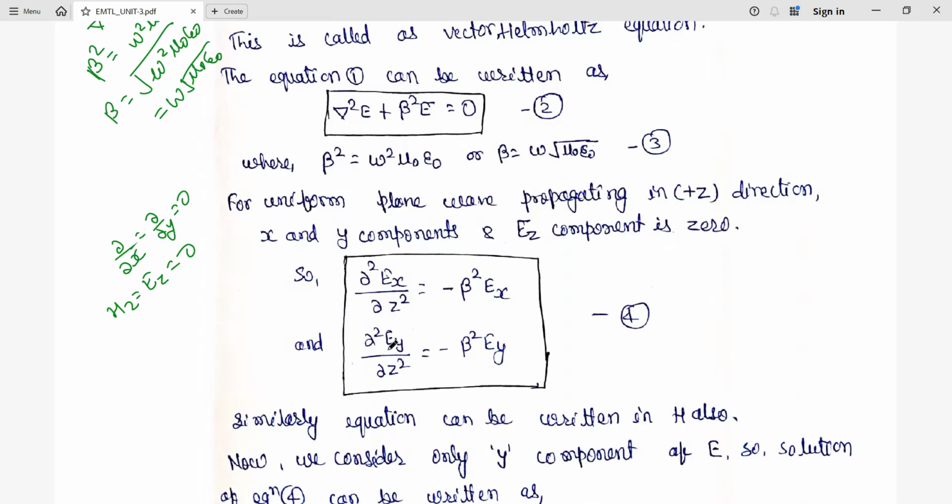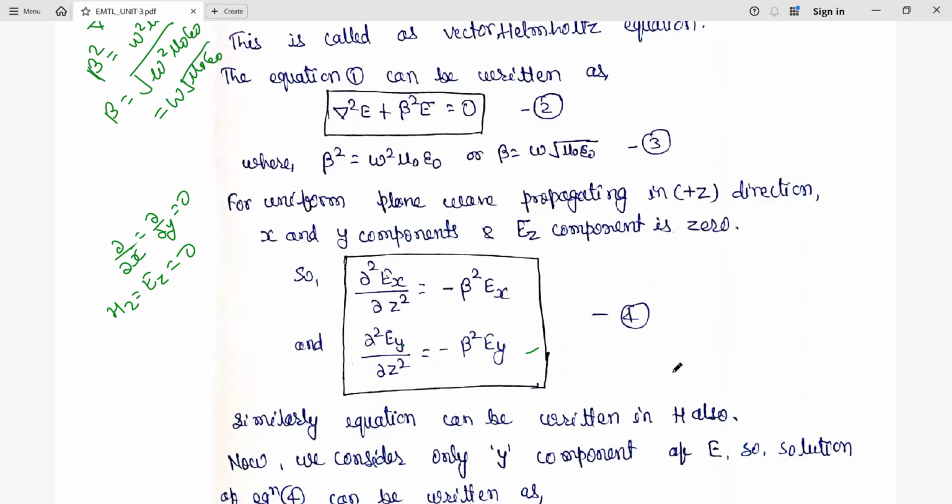On the basis of that, we can write for the x component of the electric field: dou square Ex by dou Z square equal to minus beta square Ex. Similarly for the y component.